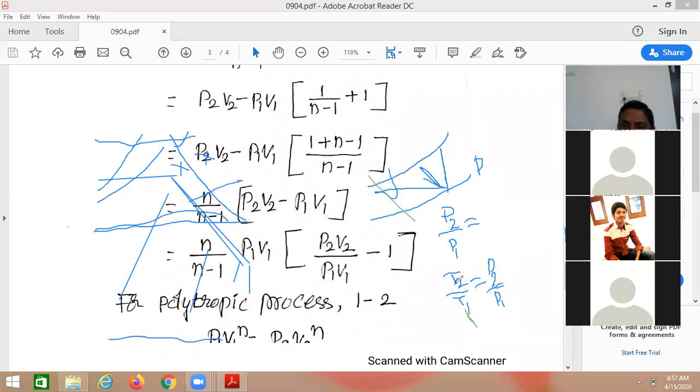Since the left side T2 by T1 is the same, (P2 by P1) whole power (n minus 1) by n and (V1 by V2) whole power (n minus 1) can be equated.